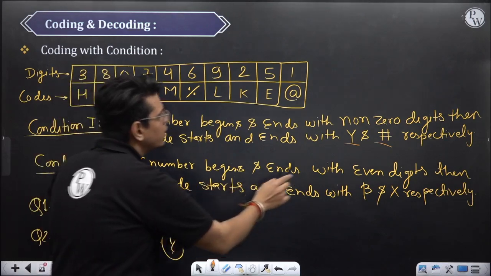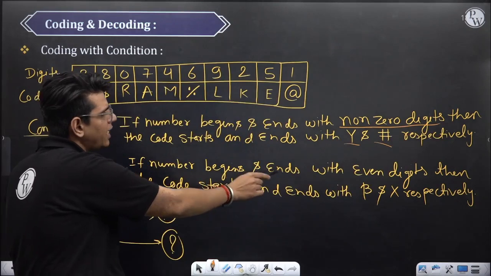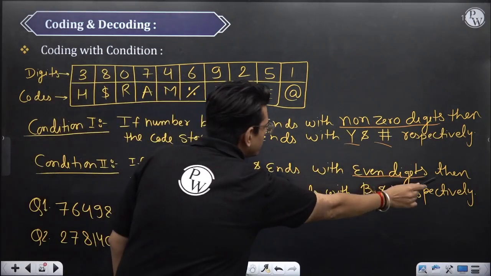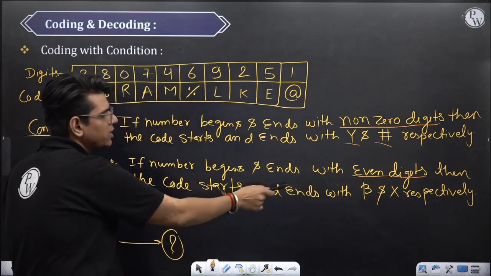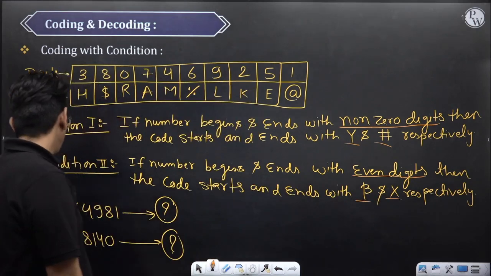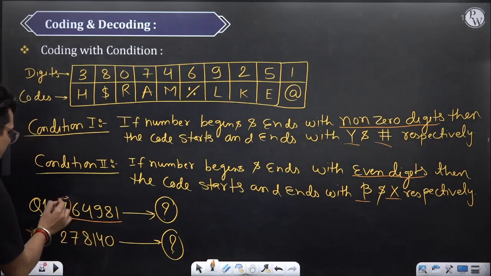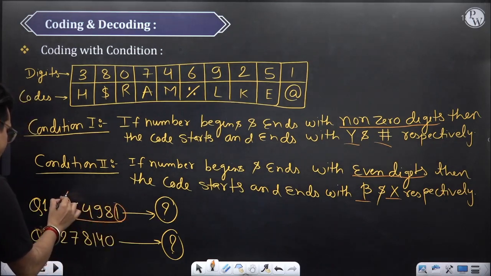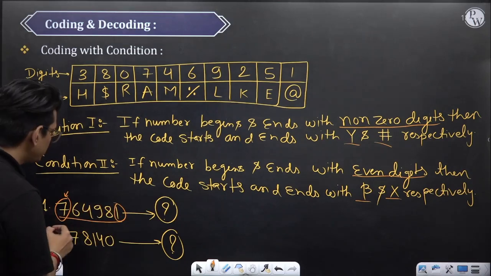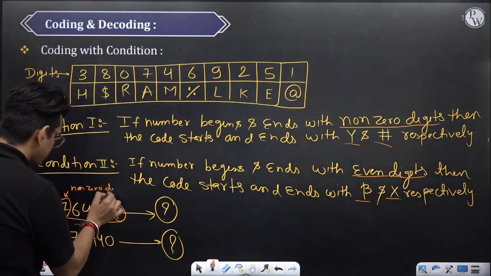If the number begins and ends with even digits, then the code starts and ends with beta and x respectively. For the first question, the first and last digits are non-zero digits.